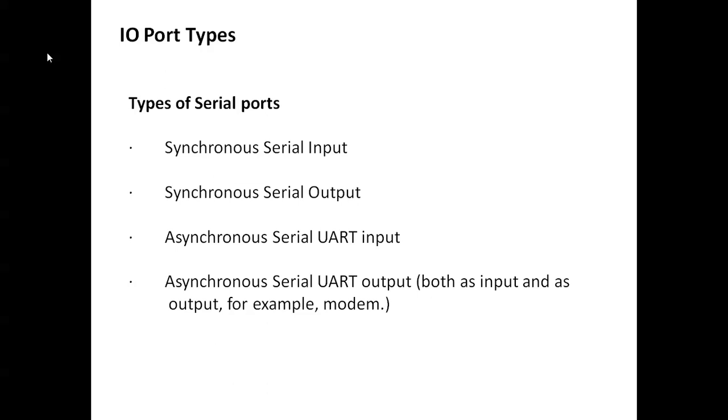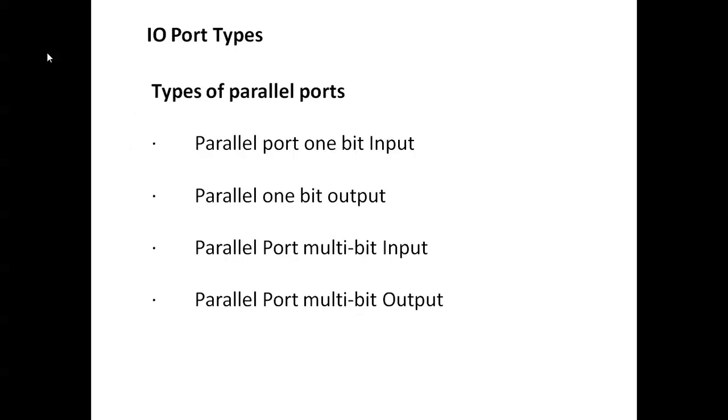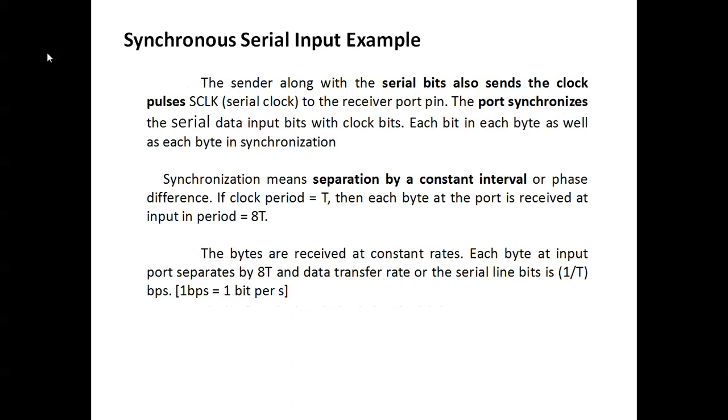Asynchronous serial UART works both as input and as output, for example, a modem. Those are the input output port types. Types of parallel ports: parallel port 1 bit input, parallel port 1 bit output, then parallel port multi bit input and parallel port multi bit output. So these are the types.